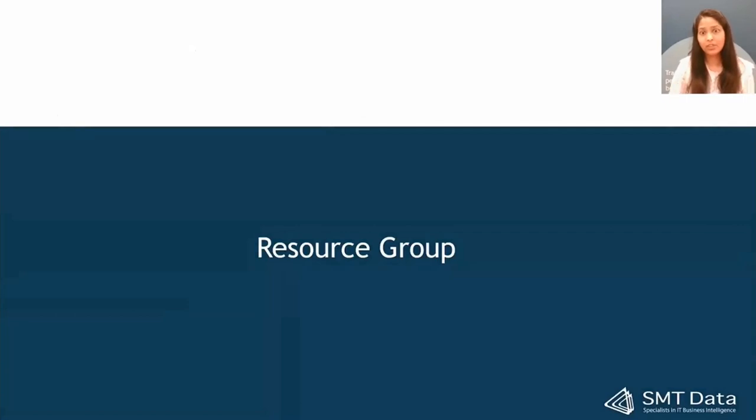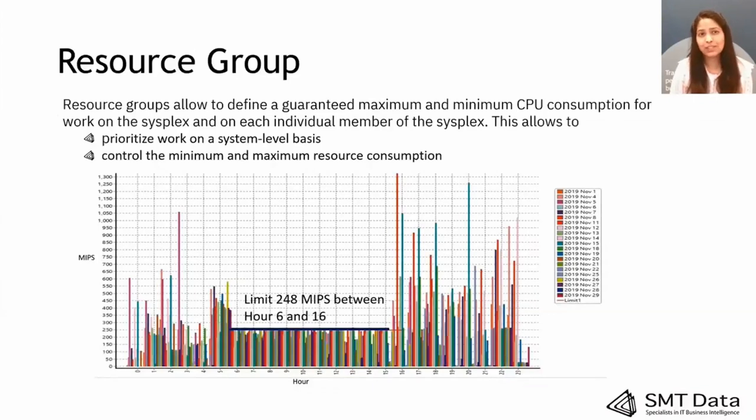Next, I'm moving to the resource group. Resource group is one of my favorite topics when talking about batch performance. Here I put out a beautiful graph. It's by hour, 0 to 23, and you can see the MIPS number.